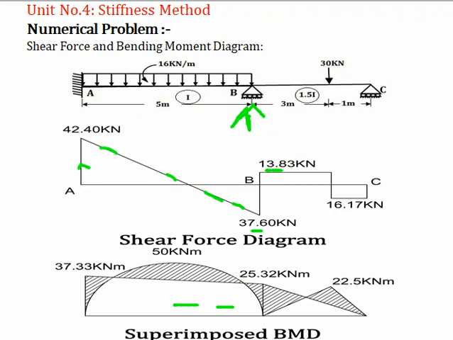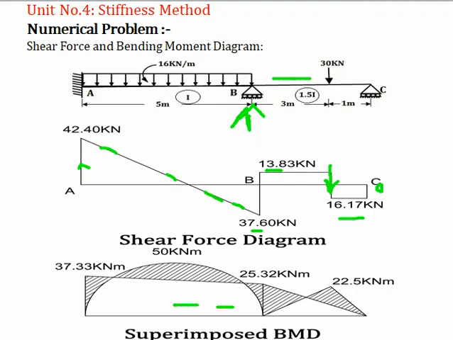Then there is no load, so up to 30, then again 30 is down, so minus 30 you have to do, 13.83 minus 30 you will get 16.17 kilonewton. Then again here is a reaction, so minus 16.17 plus 16.17 you will get 0 at C.